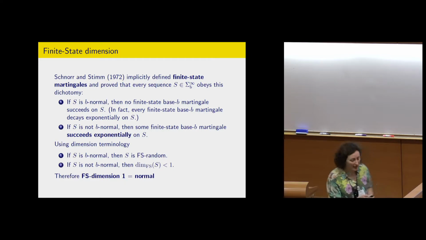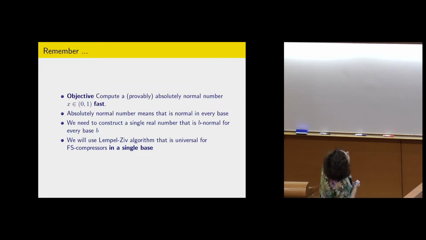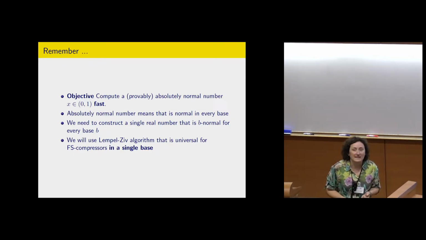So my objective is to compute an absolutely normal number fast, normal in every base. We need to construct a single real number, and we will use the Lempel-Ziv algorithm because this is universal for normal sequences. But I am still talking about a single base, okay? So still, Lempel-Ziv is Lempel-Ziv for this particular base. It doesn't magically give me all bases together.